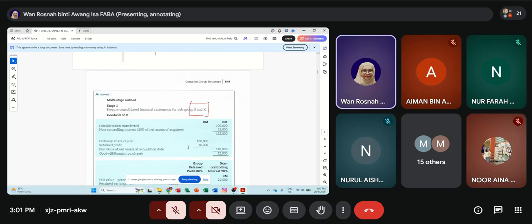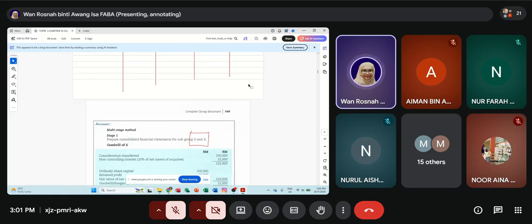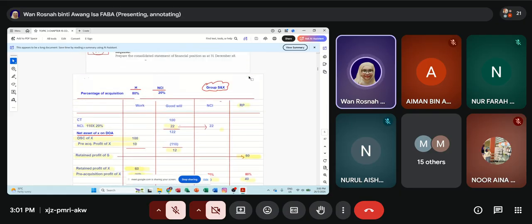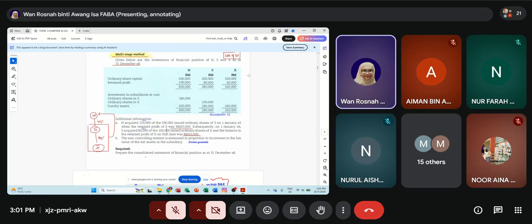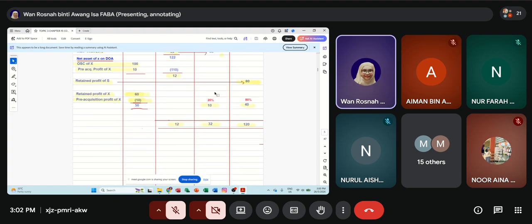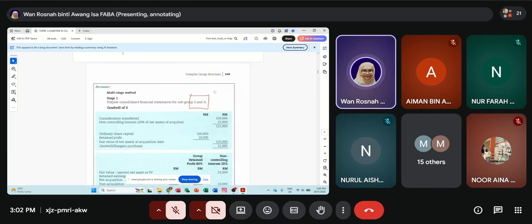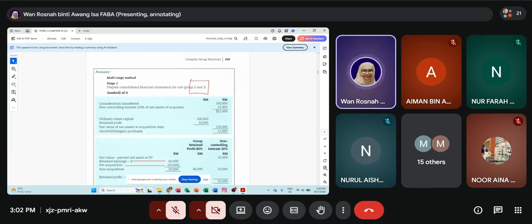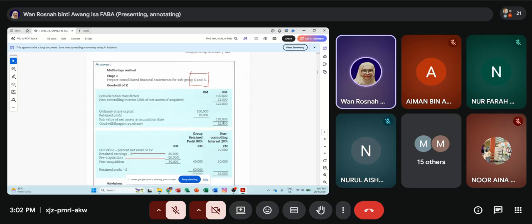Ordinary share for S and X, 100,000, you get from the question here. And then you include retained profits 110.